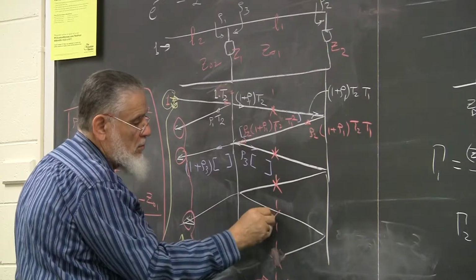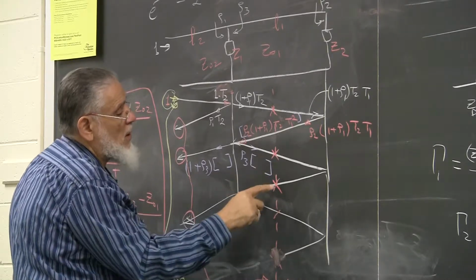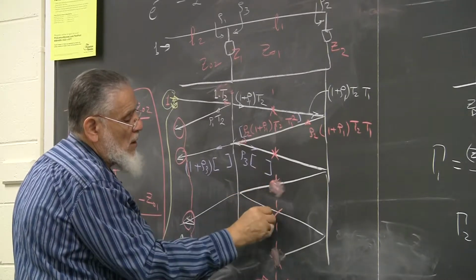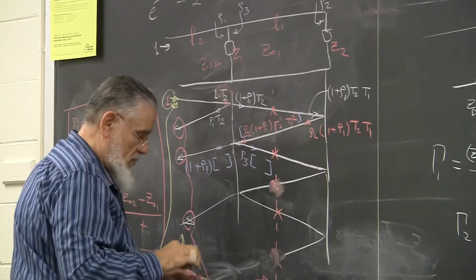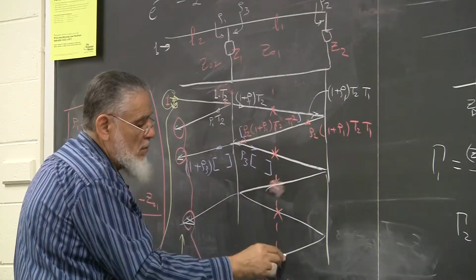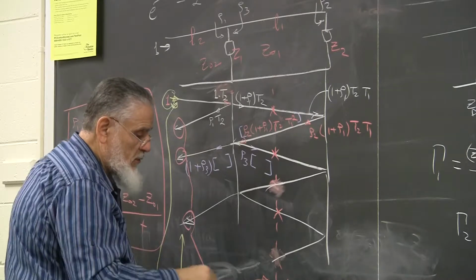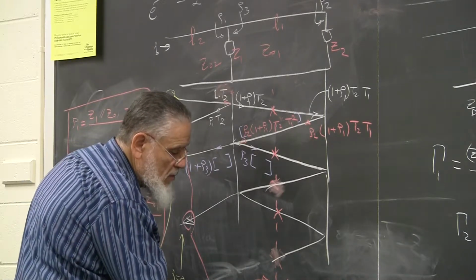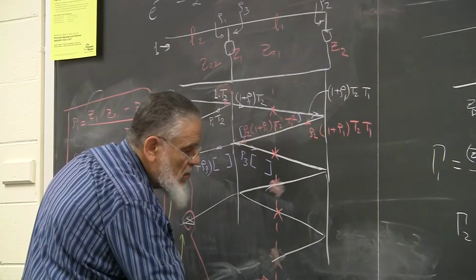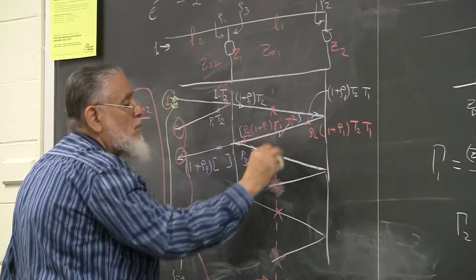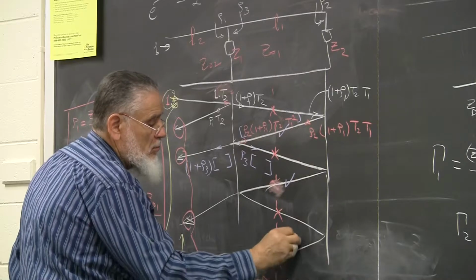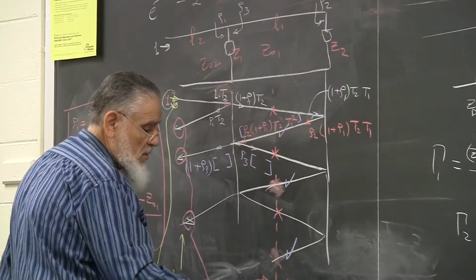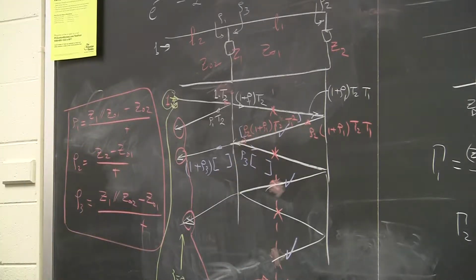These are left. And the waves that travel to the left will be the sum of the check marks. You just add those expressions, they sum up to the waves traveling to the left.